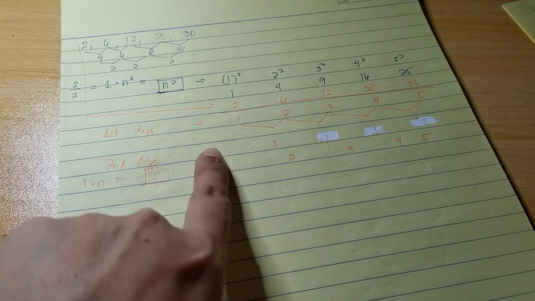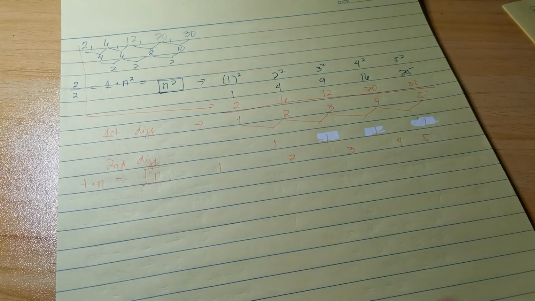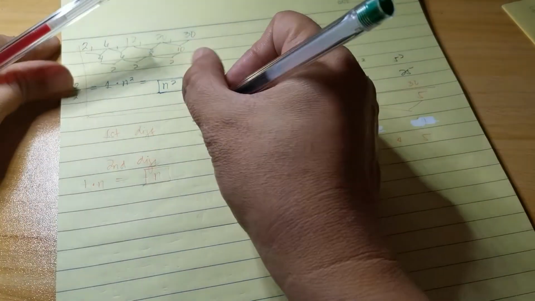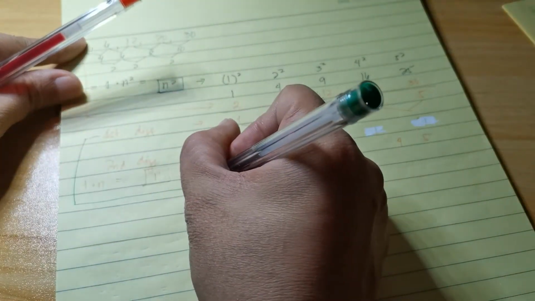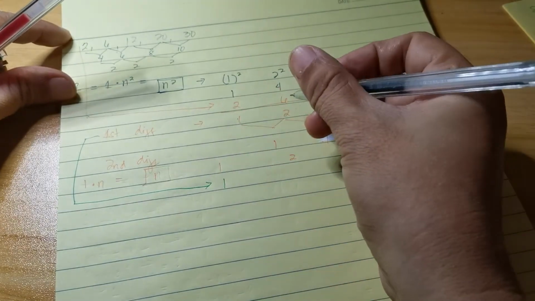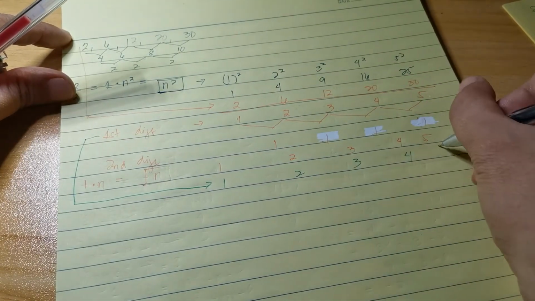I should have put a space, sorry guys. And then we subtract the first difference. It's always the first difference here that we subtract from the first 5 terms of n. So we have 1, 2, 3, 4, and 5.